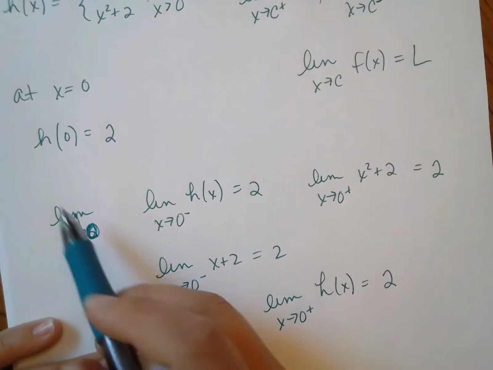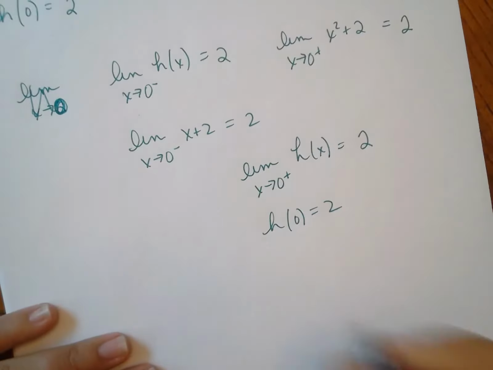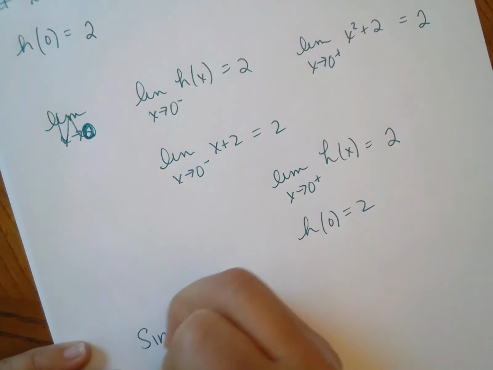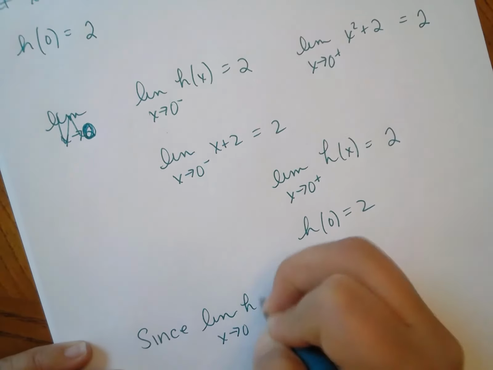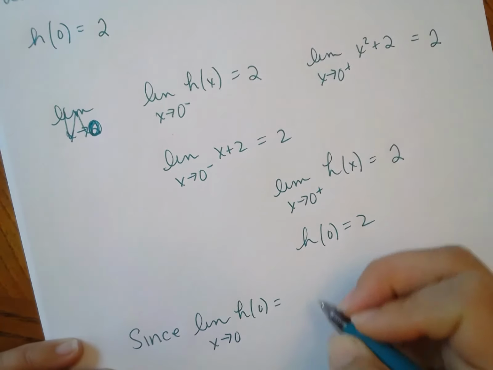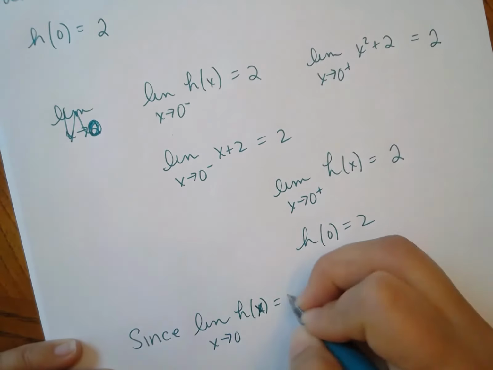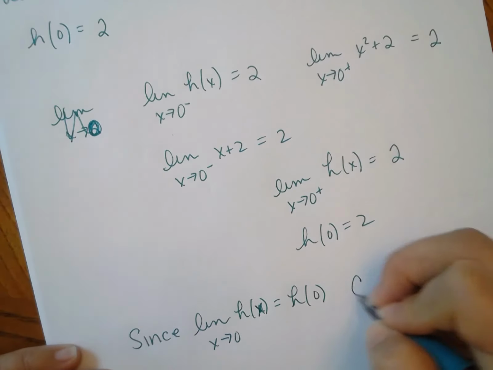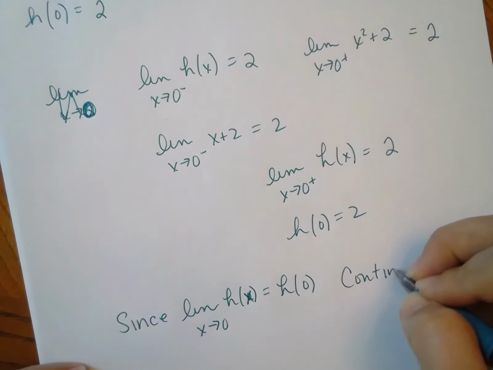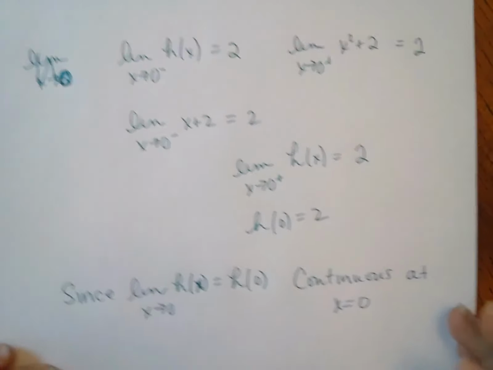Then we look up here, and h of 0 is equal to 2. So since the limit as x approaches 0 of h of x is equal to h of 0, it's continuous.